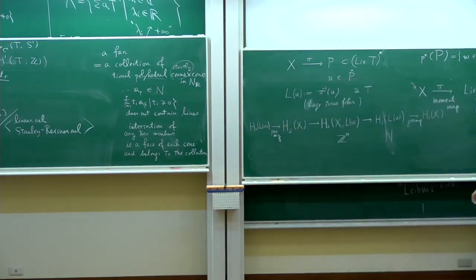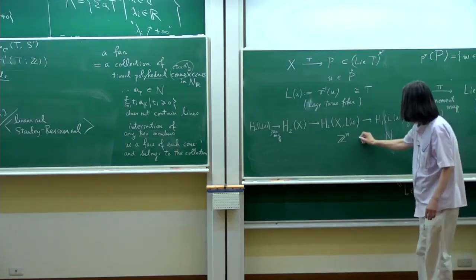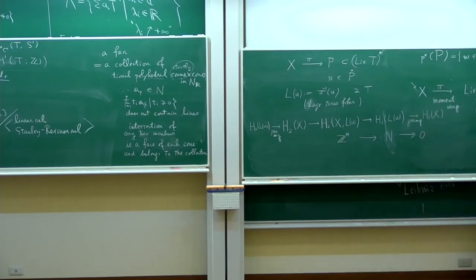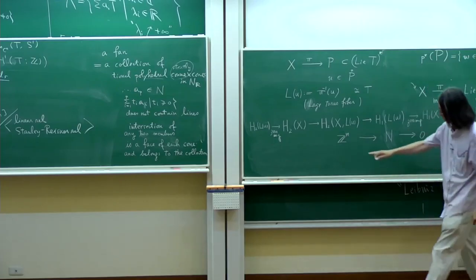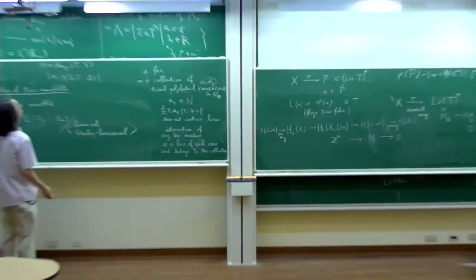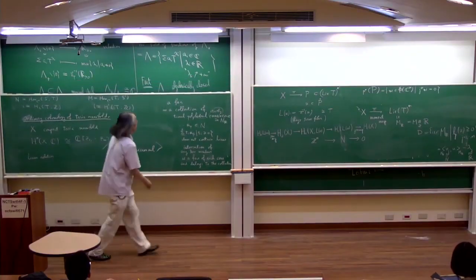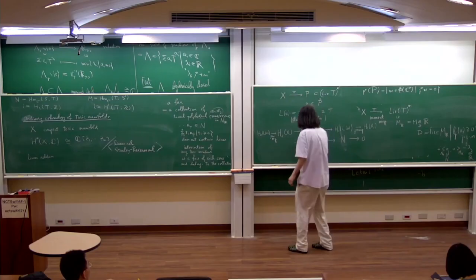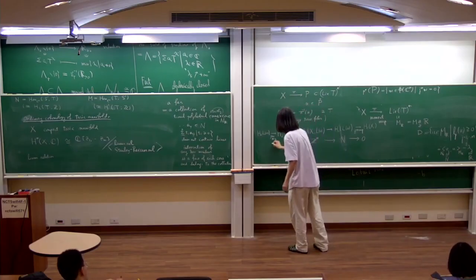Maybe later I may also discuss this. And then we have this map. And in fact, this one is exactly the same as, I already erased it, so it's so bad, this map.